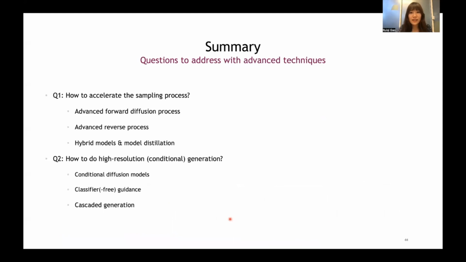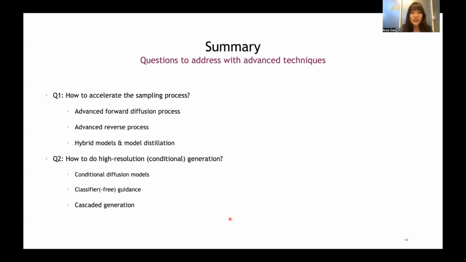Okay, so here's a summary of this part. In this advanced techniques session, we learned to answer two questions. The first one is how we can accelerate the sampling process, and we introduced several important techniques from the aspects of advanced forward process, reverse process, and modeling itself.